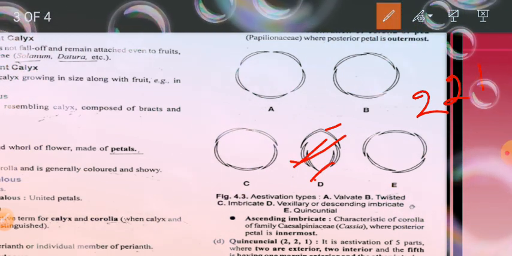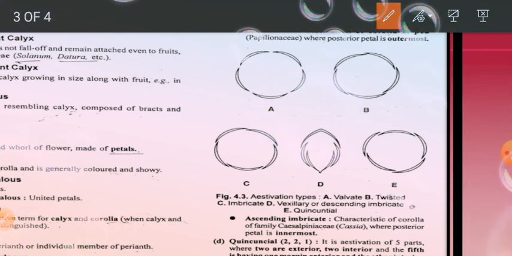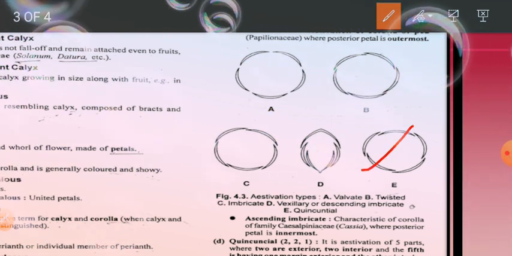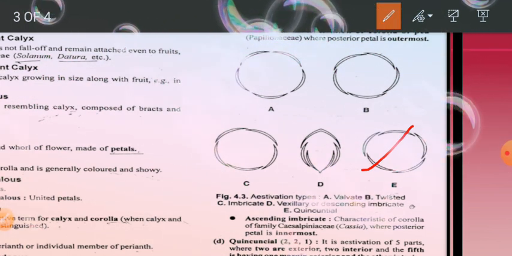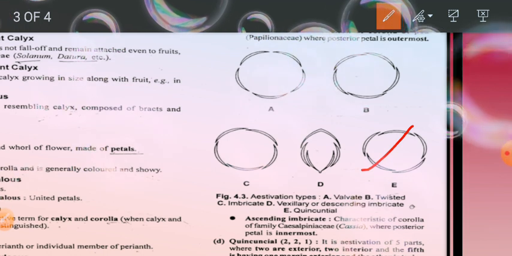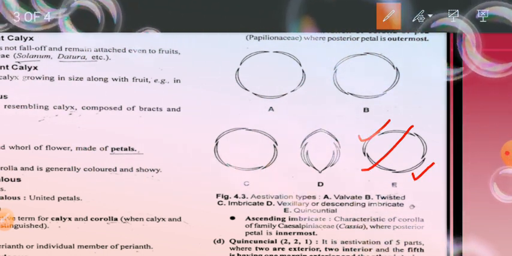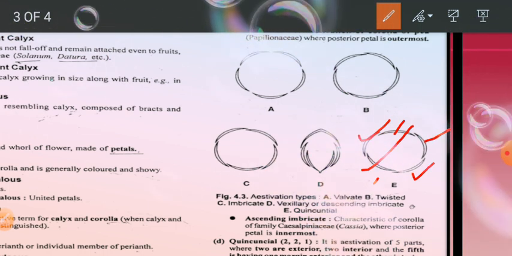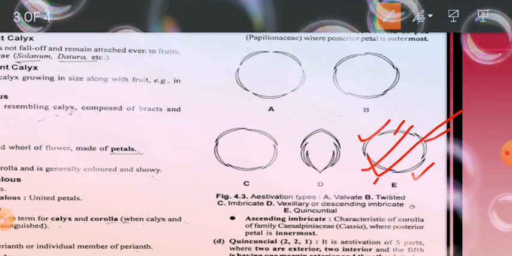Sorry, this is figure E. In figure E this is the quincuncial type, with two totally exterior, two totally interior, and one external and interior.